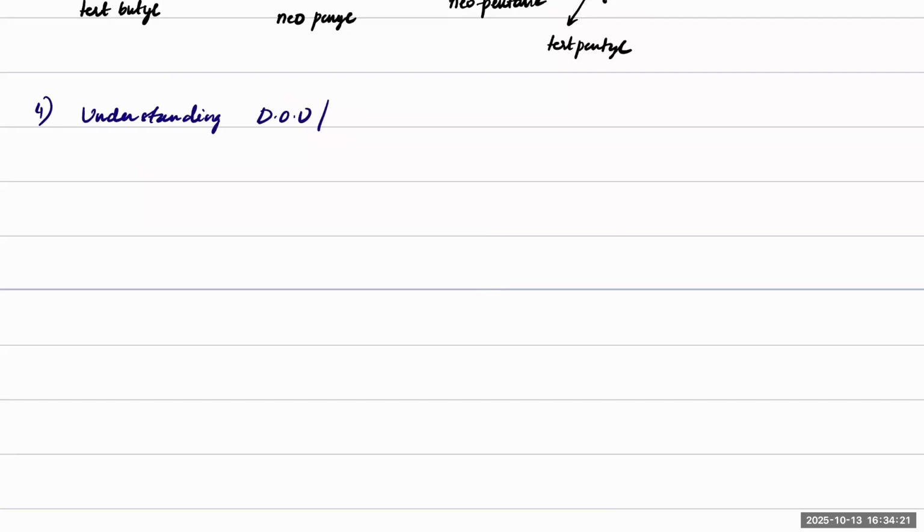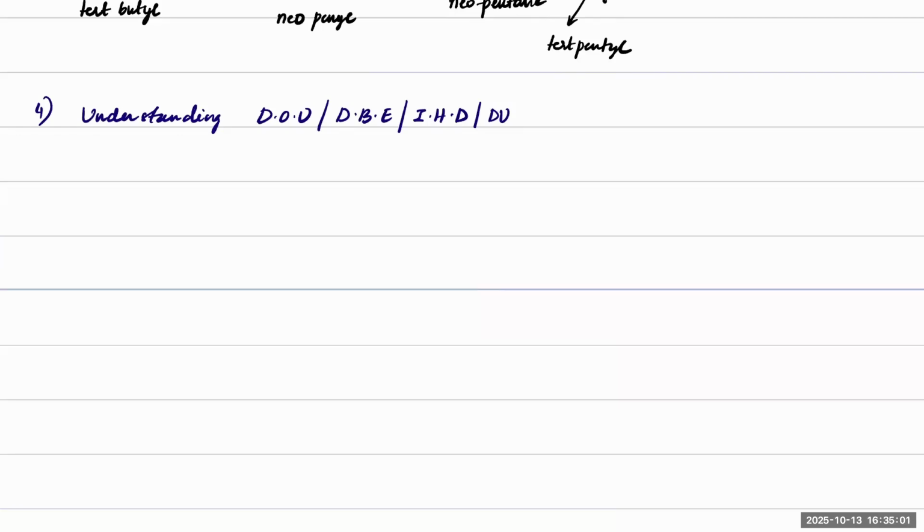Degree of unsaturation has multiple names: DBE, double bond equivalent, or IHD, index of hydrogen deficiency. All of them mean the same thing. Sometimes it is simply written as DU, degree of unsaturation, instead of DOU.